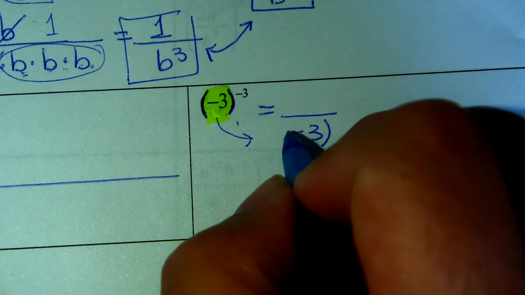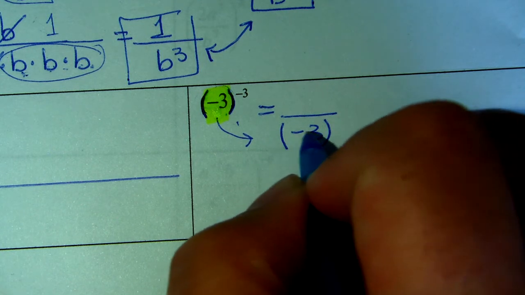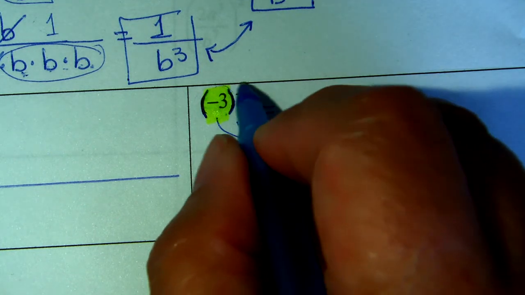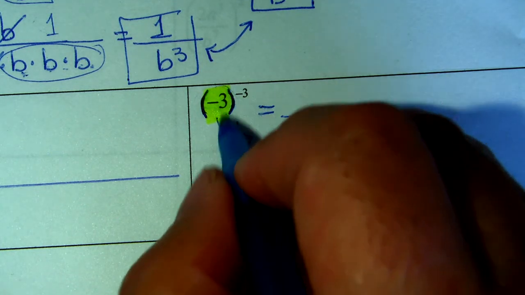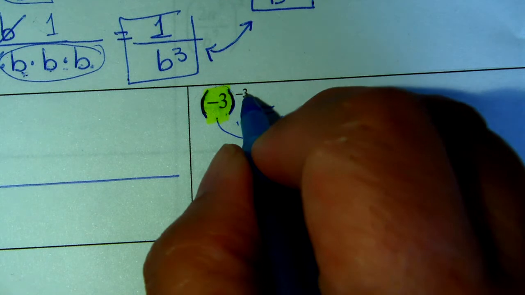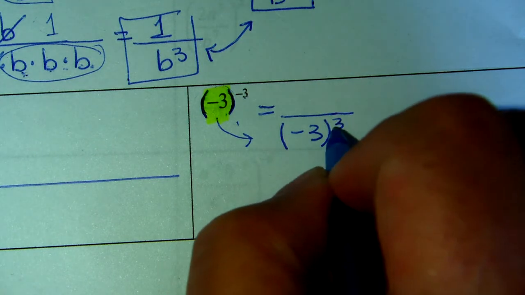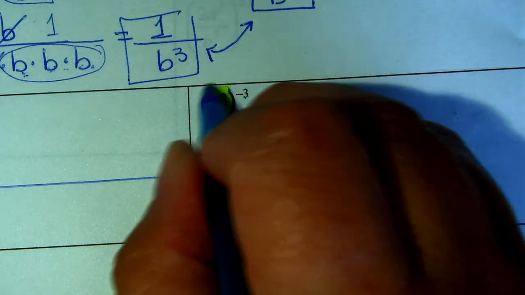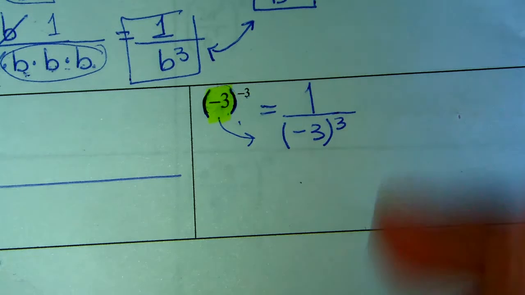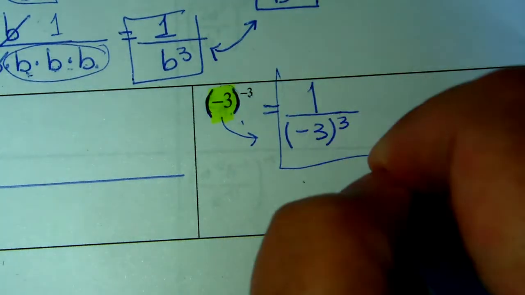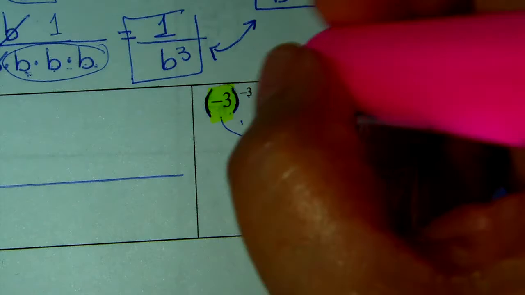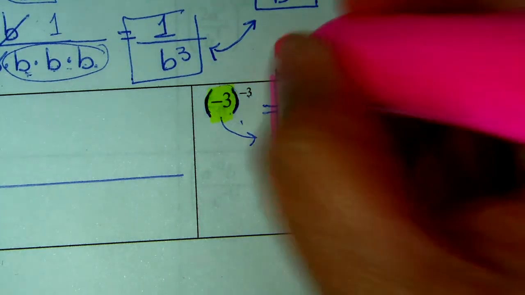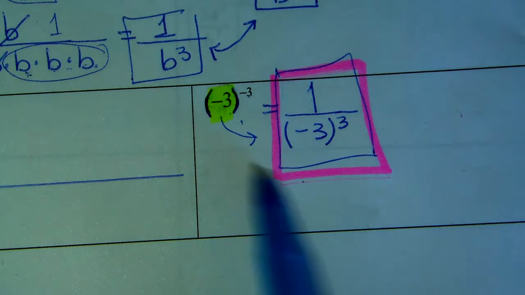We can still leave the parentheses because it's a negative number. But the exponent is not going to be negative anymore. Once you send it to the bottom, now this exponent is going to become positive 3. What do we write over here? A 1 because there was nothing over here. So this is our answer. Now, this is what happens when you send them to the denominator.